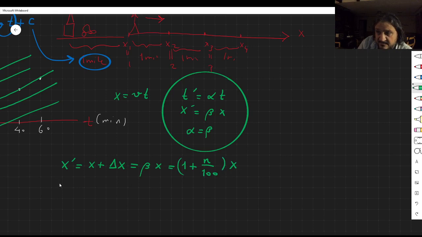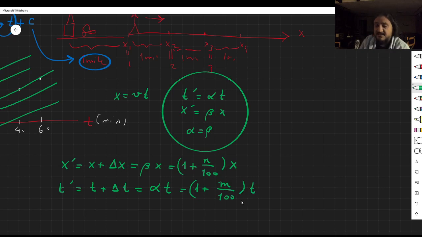But if I want to do the same thing for t prime, t plus delta t is equal to alpha t. Now I may have used alpha and beta the other way around, doesn't matter. Now if this alpha is not equal to beta, then I can't use n anymore, it'll be m over 100 times t. It's still a linear relationship, okay, this formula x equals vt plus c is still linear.